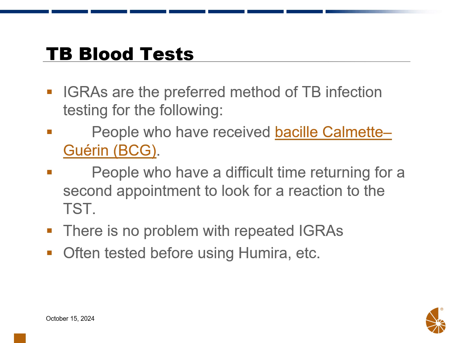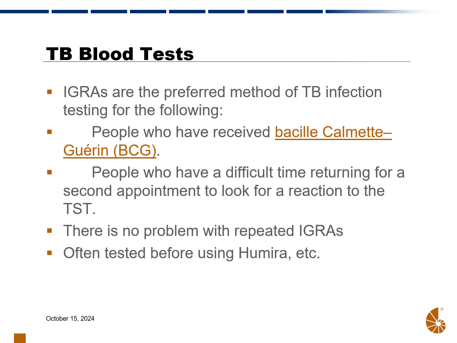IGRAs are becoming the preferred method of TB testing because some people have received a TB vaccination called BCG, which confuses the issue if you have a PPD skin test. So that's one reason these blood tests might be used.